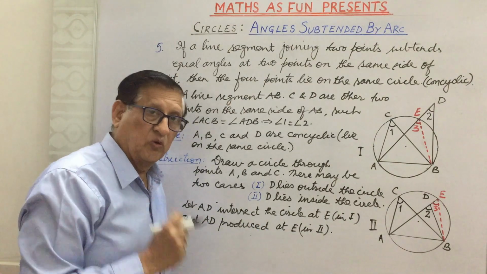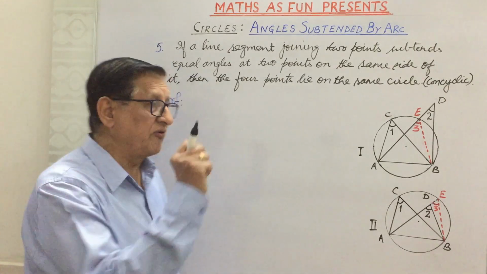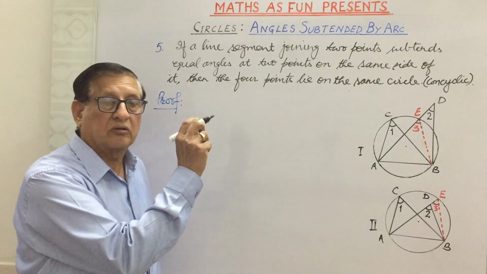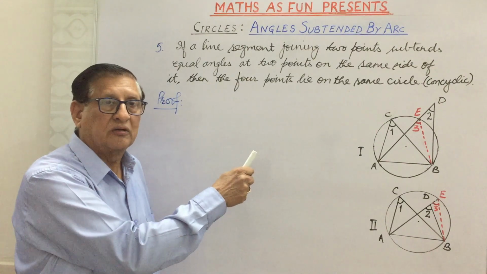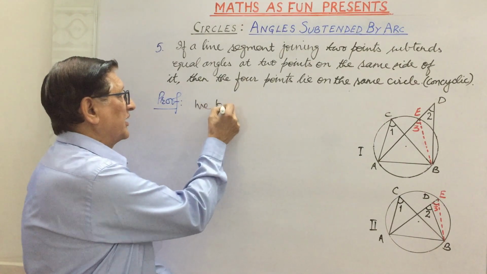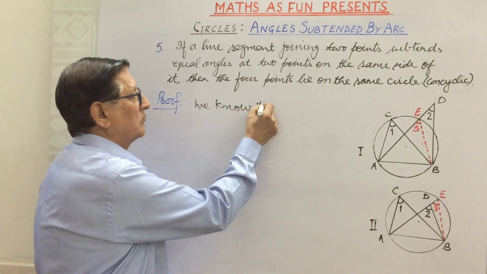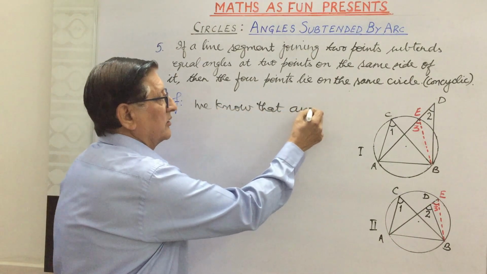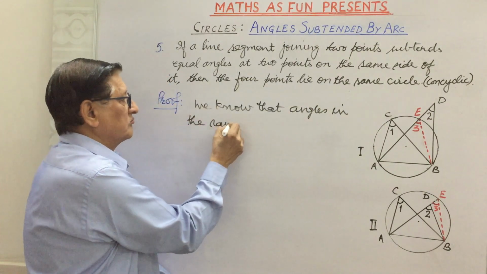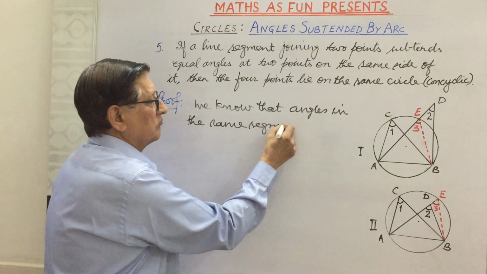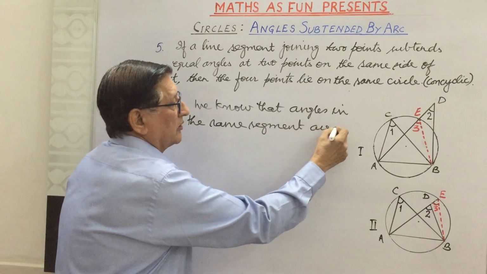Now we come to the proof of it. In proof, we will quote the theorem that we know that angles in the same segment are equal. So we write here, we know that angles in the same segment are equal.